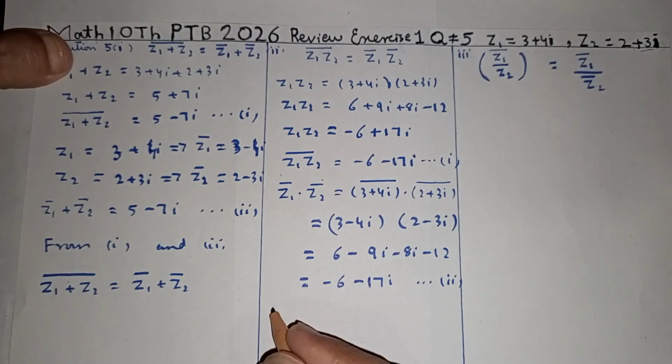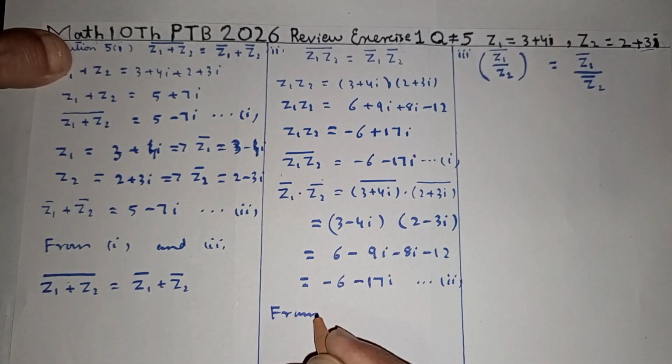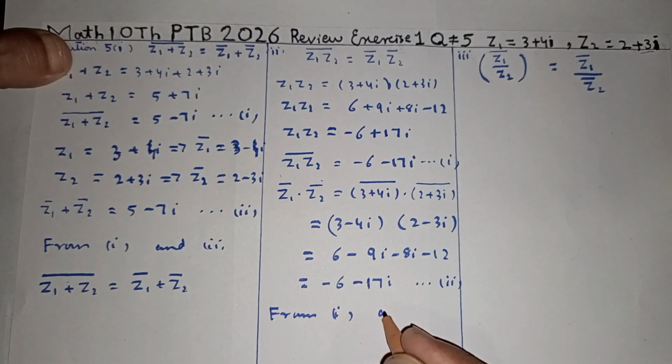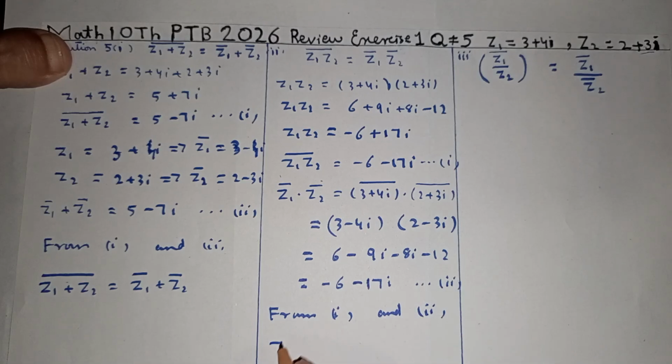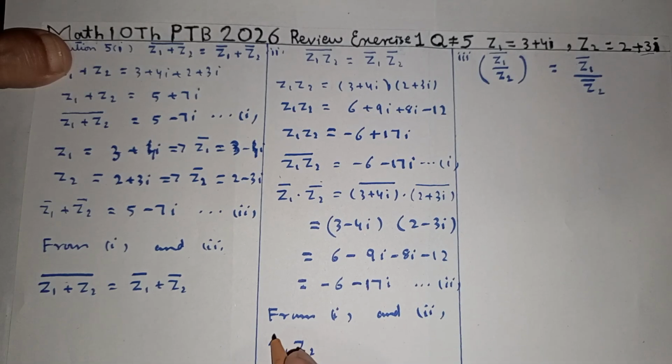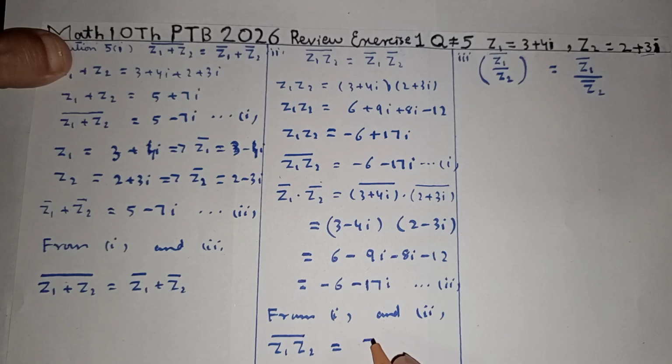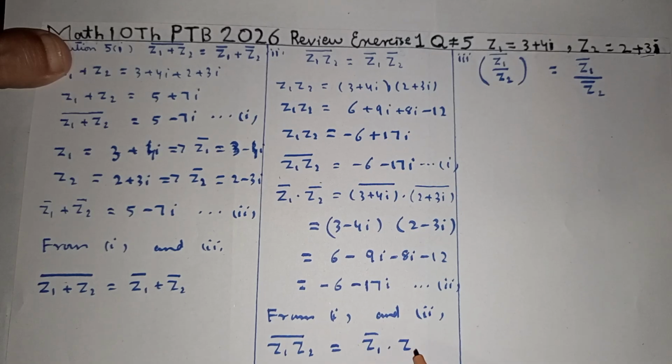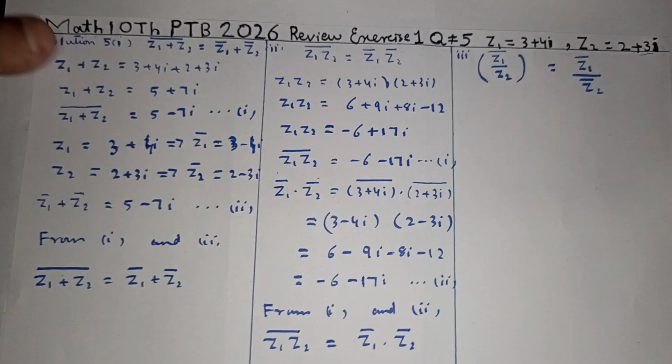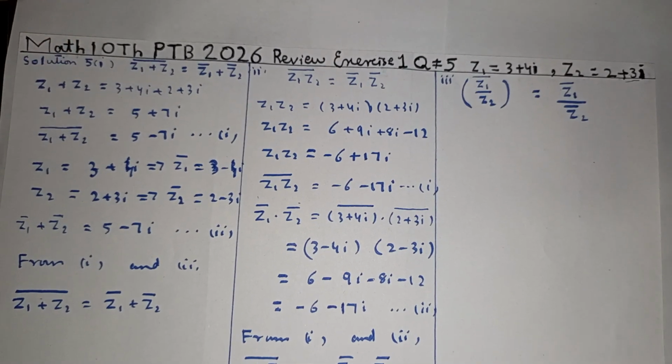We can see that from equation 1 and 2, we get z1 into z2 all conjugate is equal to z1 conjugate into z2 conjugate. This is its final result.